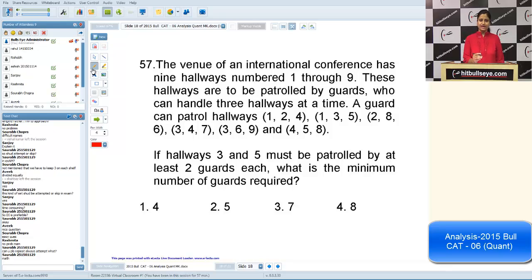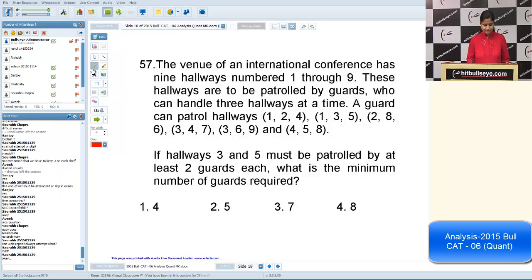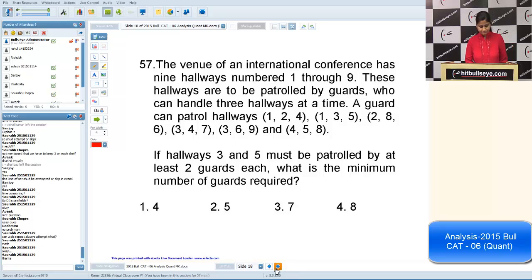So I will try just to clear the cutoff in that section. So it's better you attempt as many questions as possible in the math section. Okay, question number 57. Any problem? Okay, you're welcome. Let us move.